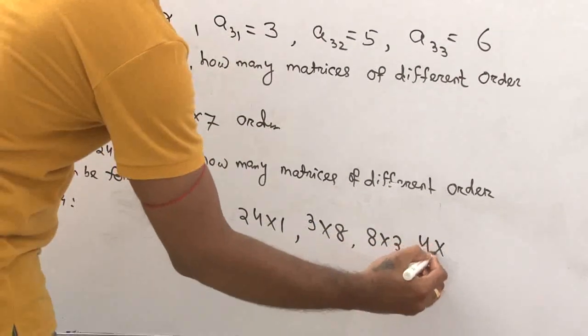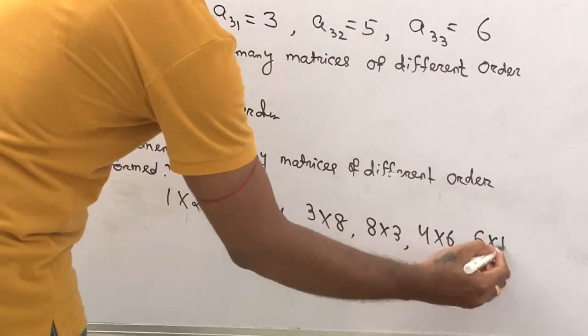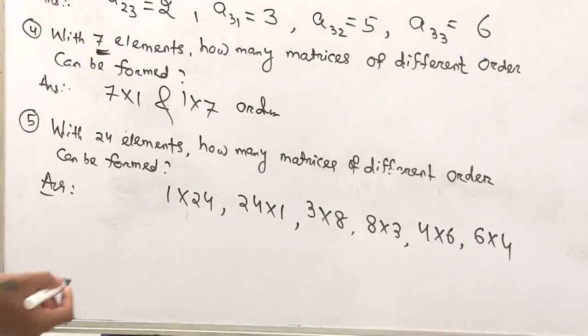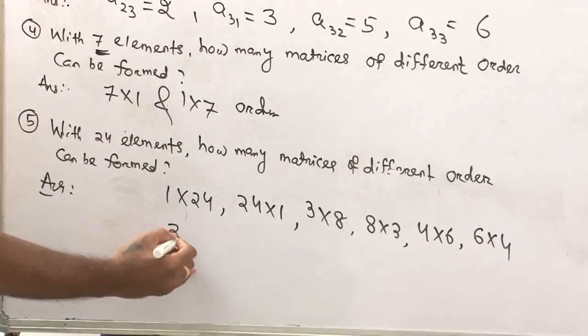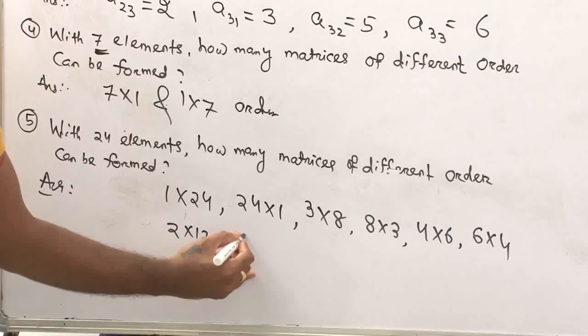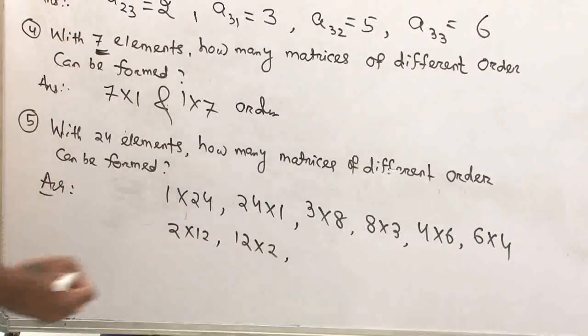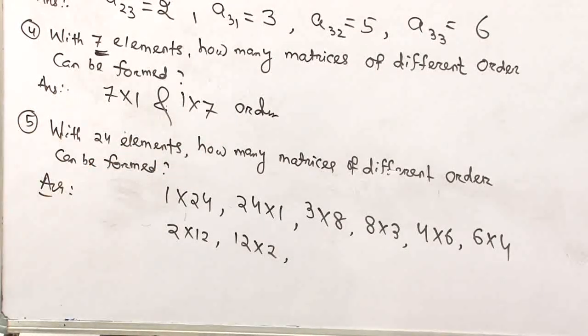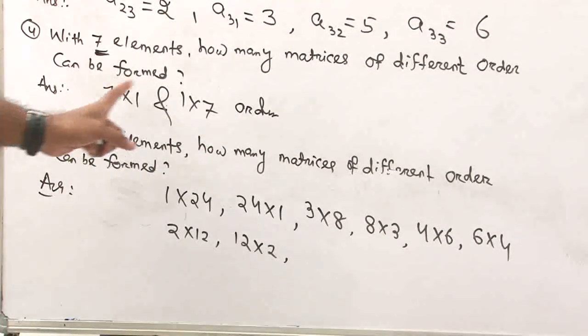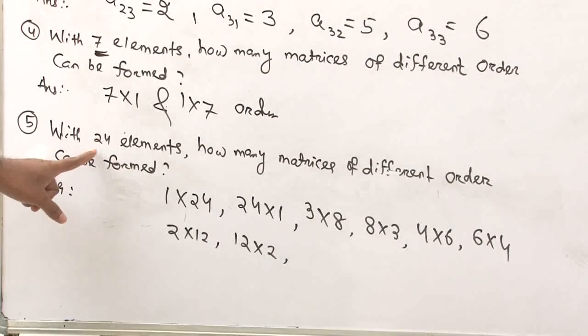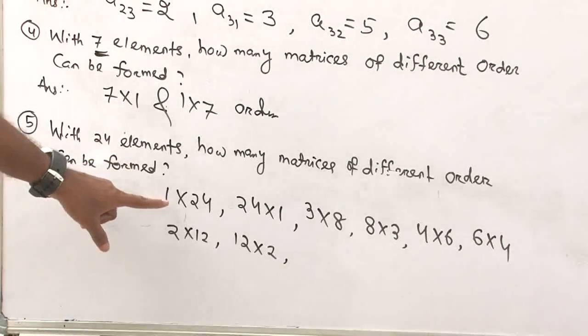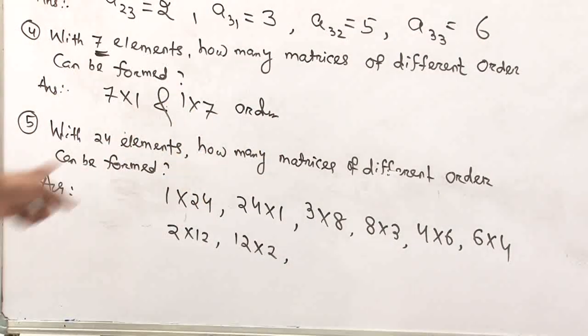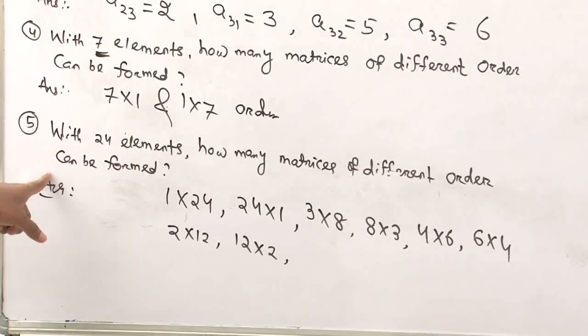Similarly, 4 into 6, 6 into 4, or we can write 2 into 12, 12 into 2. 1, 2, 3, 4, 5, 6, 7, 8. So I think with 24 elements, 8 different orders can be formed.